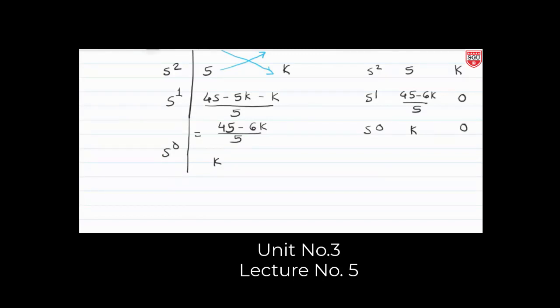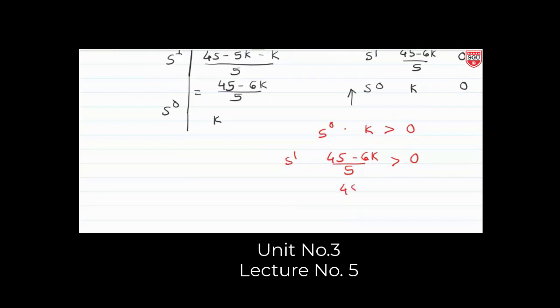First, if we consider from down, s raised to 0, there is a K, and it should be greater than 0 to have a positive sign. Then for s raised to 1, 45 minus 6K divided by 5 should also be greater than 0, meaning 45 minus 6K should be greater than 0.